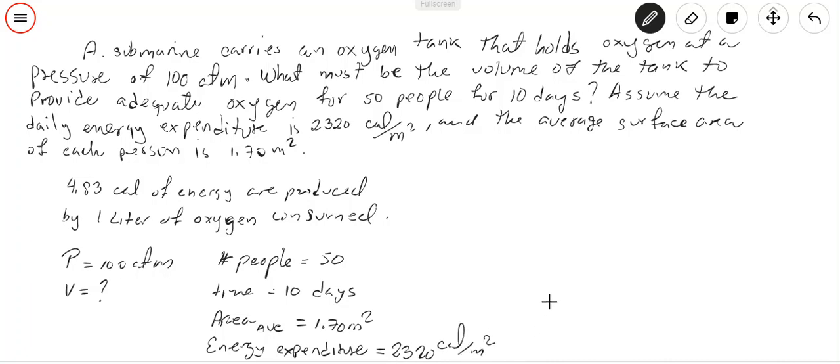Well, with all this information, the first thing we're going to do is calculate the total number of calories that those 50 people during these 10 days are going to be consuming.